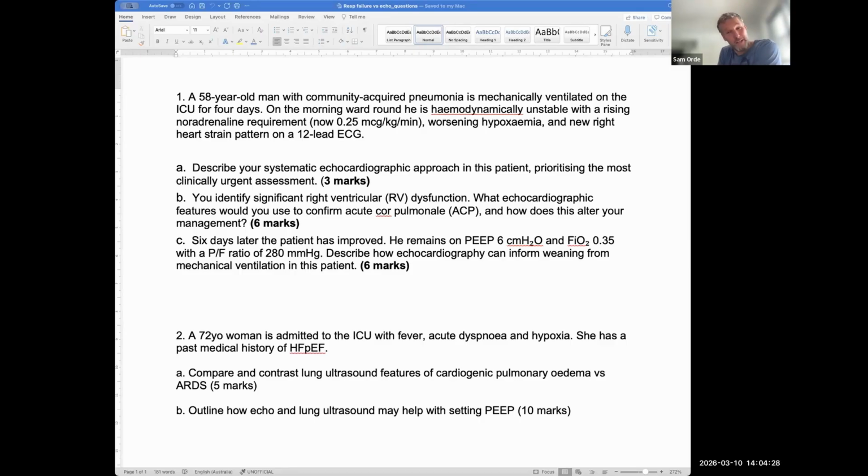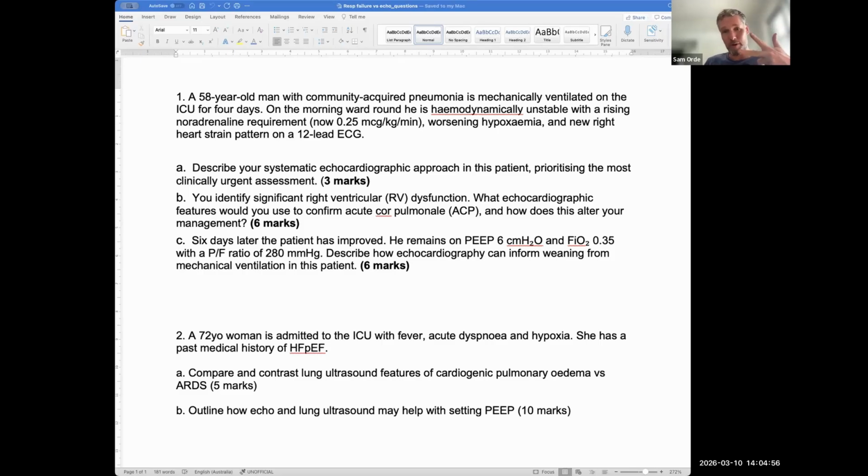See, because I did it slightly differently because I'd have done it from a pathological point of view. So I'd have talked about the pathologies that I was worried about first. I'd kind of done it in a similar manner though. I'd have said it was, because it's on the morning ward round, he's hemodynamically unstable with rising NORAD. So that would include for me wanting to make sure we hadn't blown out the RV, and that would either be us with mechanical ventilation or by PE.